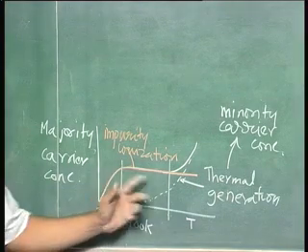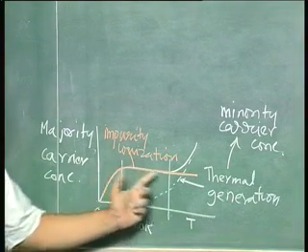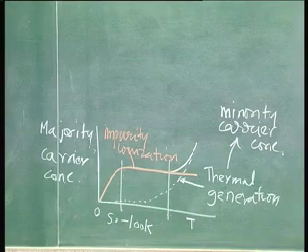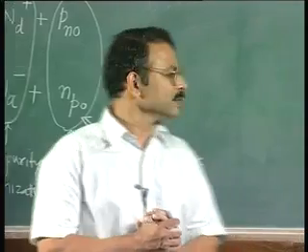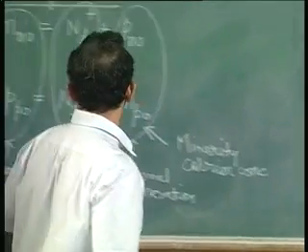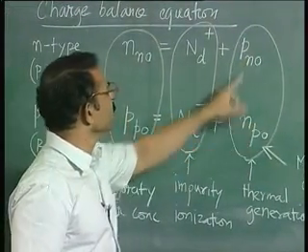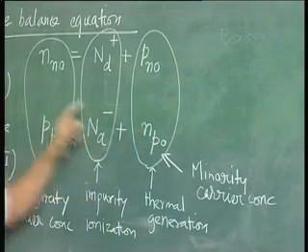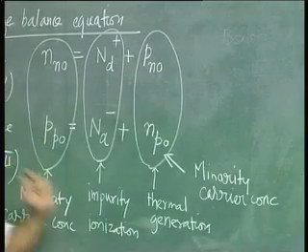And we are able to explain why there is a significant flat range of this concentration. Okay? What we are not, however, able to derive from here is what is the concentration of minority carriers at any temperature. Okay? So we are not able to derive a value for this concentration. Nor are we able to derive the values of the majority carrier concentration.